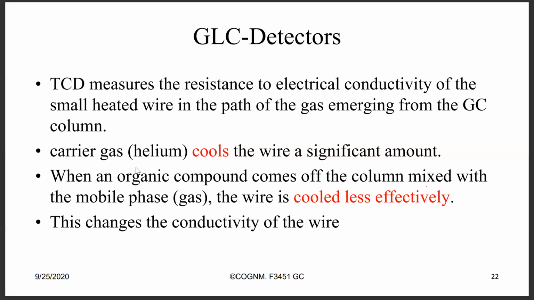The rate at which heat is pulled away will be much less when we have an analyte as compared to when it's just the mobile phase. And those thermal changes are what we will eventually detect.